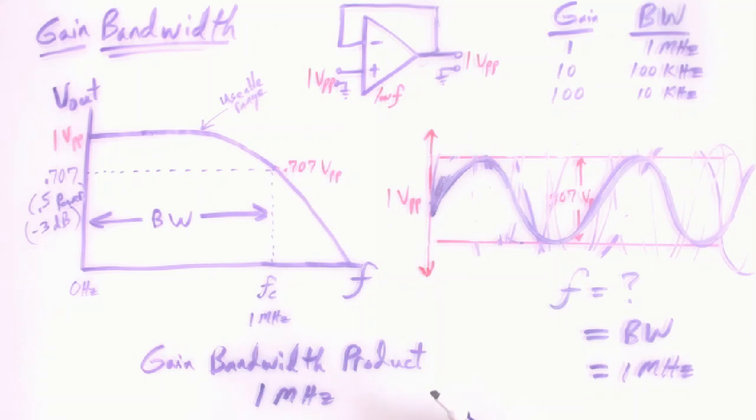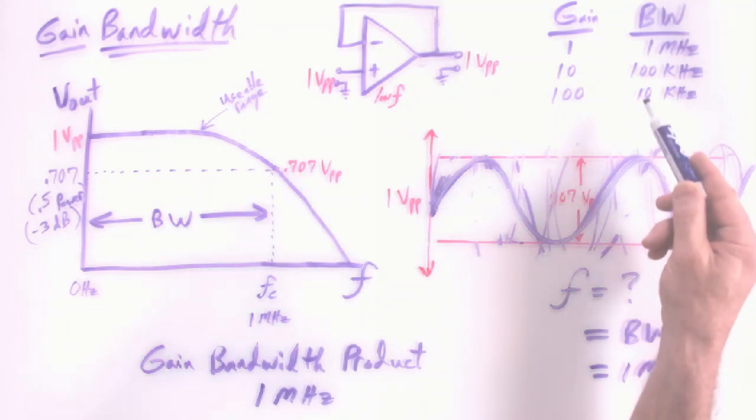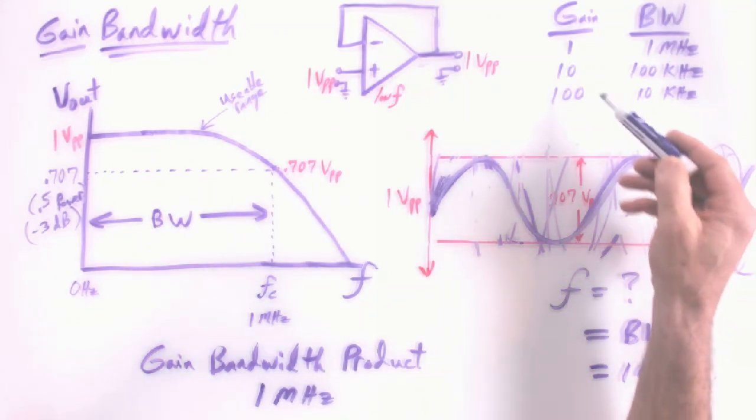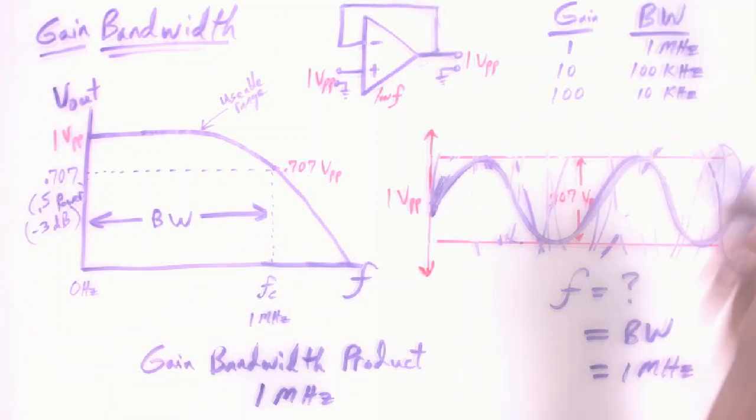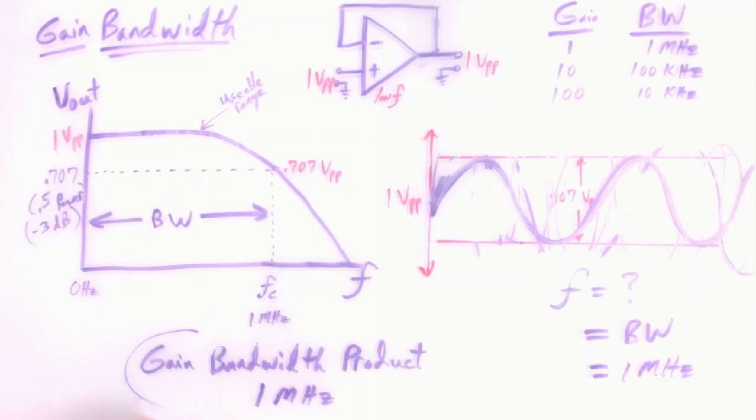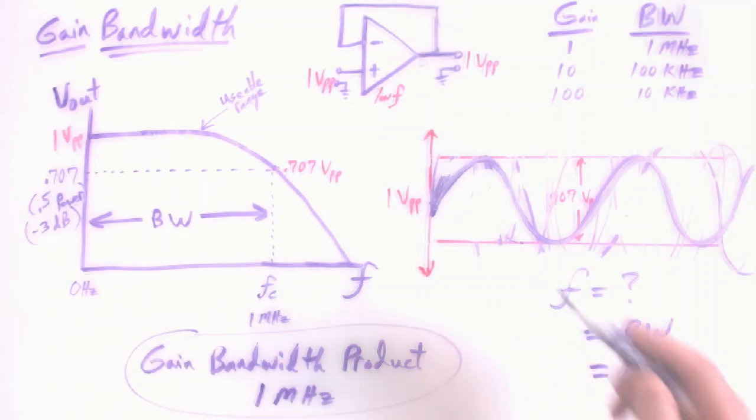If you need a certain amount of bandwidth, then you'll be limited to a certain amount of gain. And the chart, I hope, kind of shows you that. So if I only need a gain of 1, I can go all the way up to 1 megahertz, and I'll still be okay, maybe. Well, what do I mean by okay?